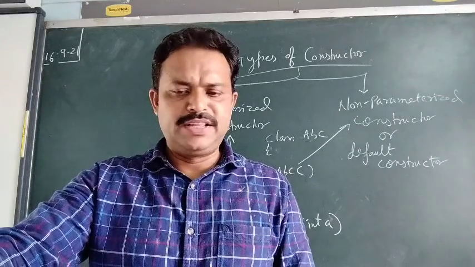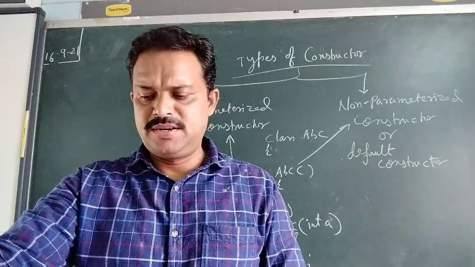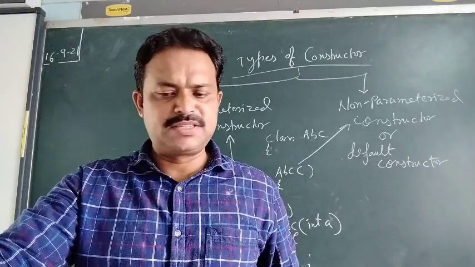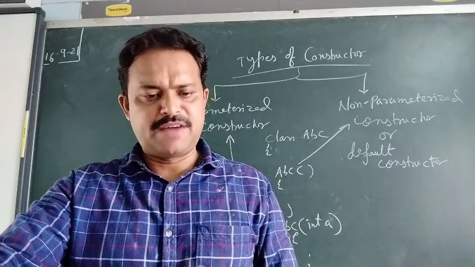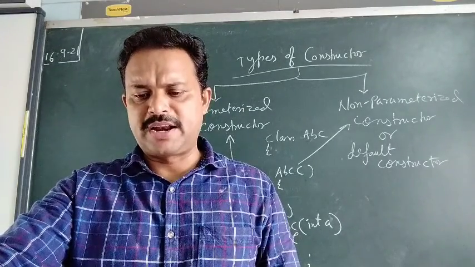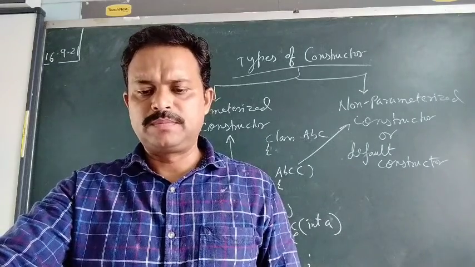Now a few more things are there in this chapter. What do you mean by instance variable, static variable, instance method and static method? That we will discuss in the next class. After that, 1-2 more topics are left, and then this chapter is going to get over.